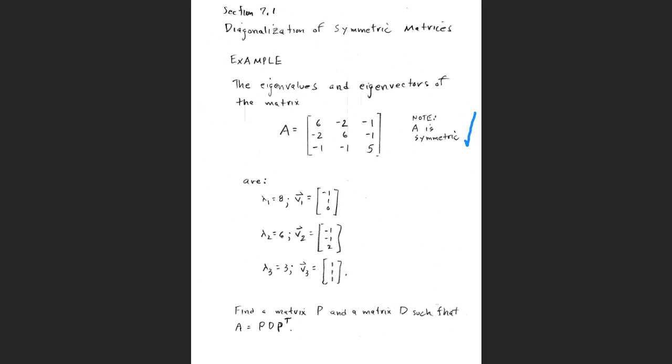Okay, so we are dealing here with symmetric matrices, and this matrix A is symmetric. If you take the transpose of that matrix, you're going to get the matrix A back.